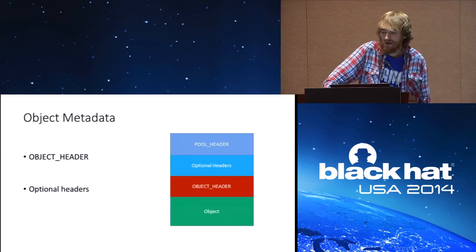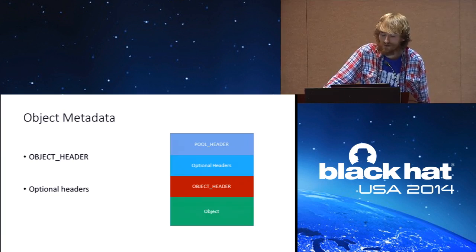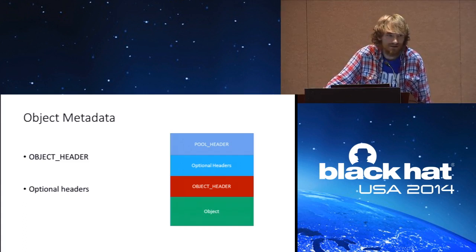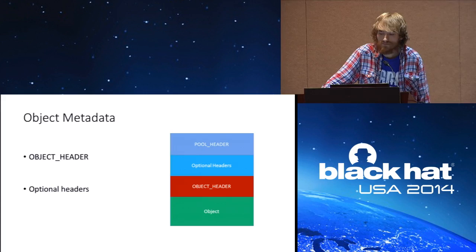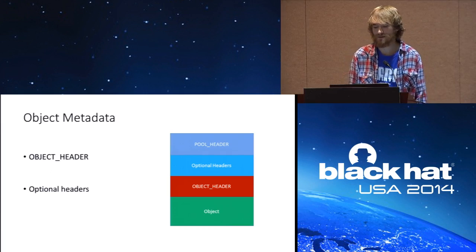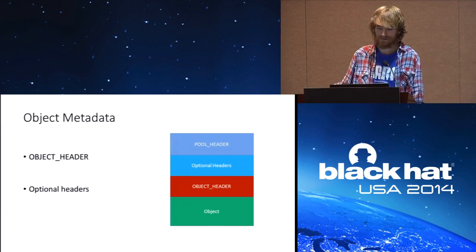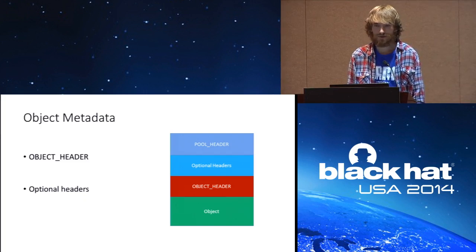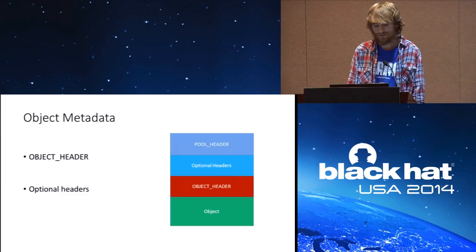So when you create some object, for example a file, using CreateFile, event, semaphore, the Object Manager creates an object. Of course, it uses some pool memory, so there is a pool header, but the pool header is just a container. And following are optional headers. Depending on the type of object, there could be several.